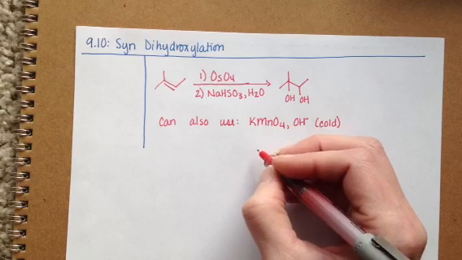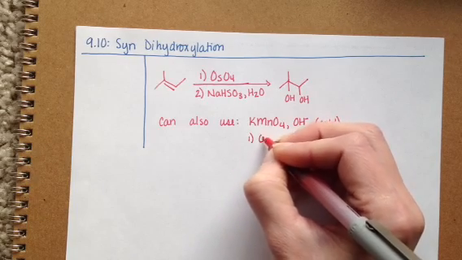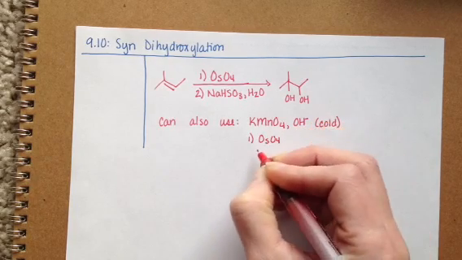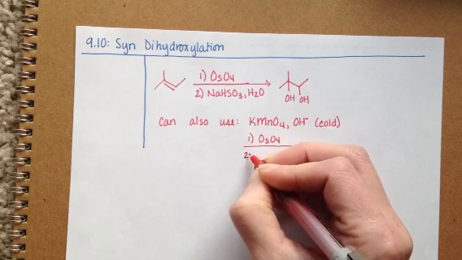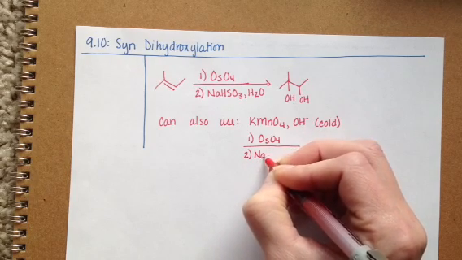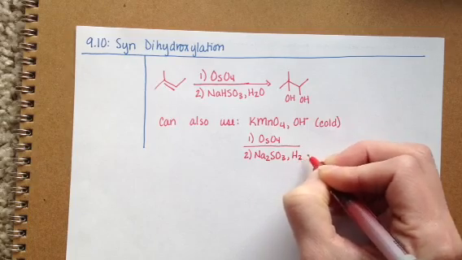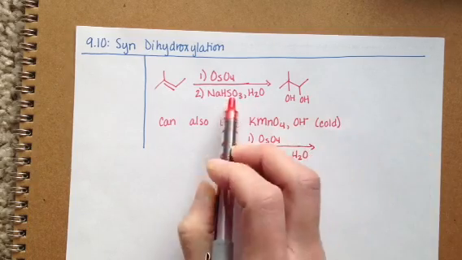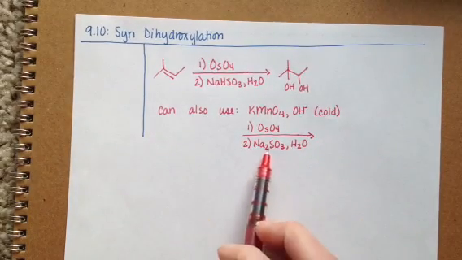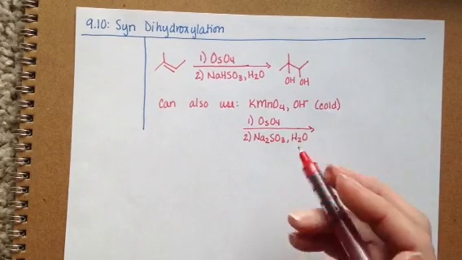You can also use osmium tetraoxide with sodium sulfate, very similar to the reagents provided in this particular example. It's just not bisulfate.